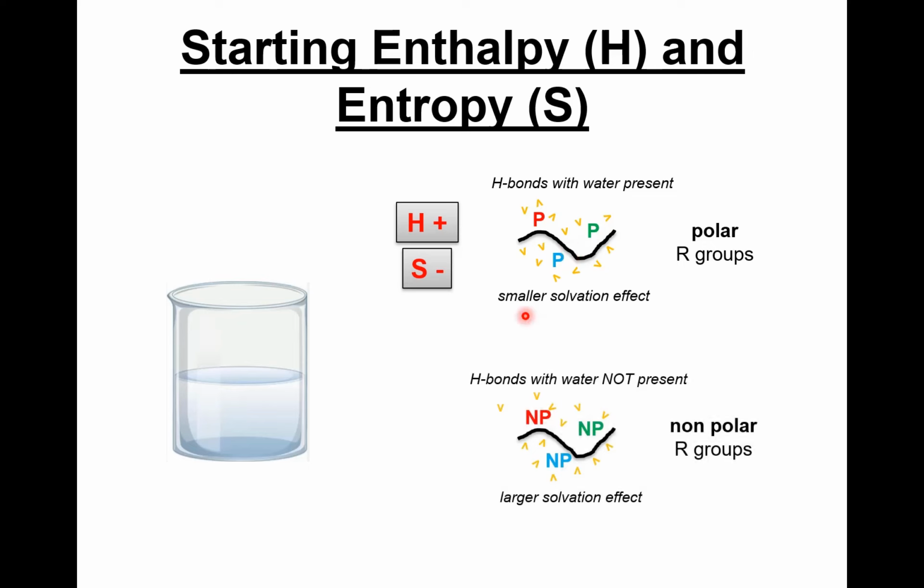What about the second scenario here, where you have non-polar groups? Well, looking at the enthalpy right here, the number of bonds, same thing, they get disrupted in this scenario right here, right? The difference between this peptide with polar groups and this peptide with non-polar groups is that in this case, the bonds between water molecules that were present here, which now have been disrupted, cannot really be substituted by any bonds with the non-polar R groups, right?